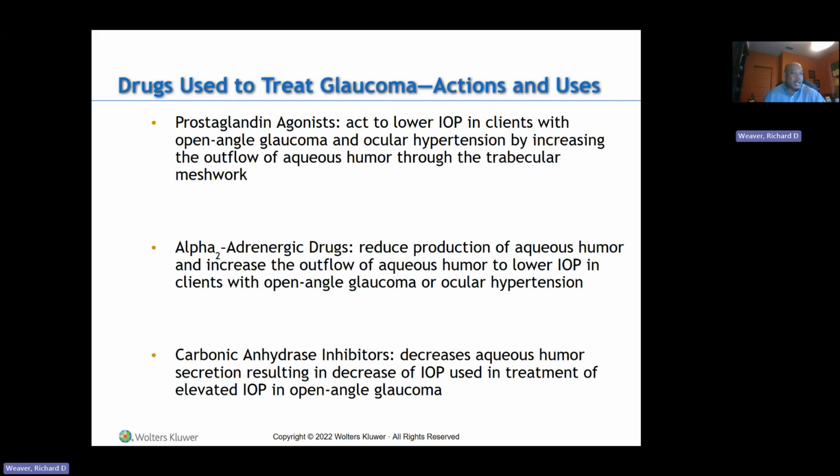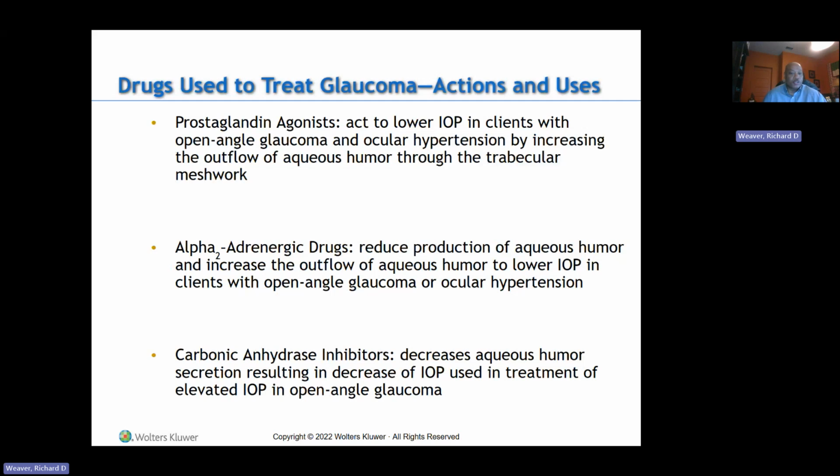And lastly, we have the carbonic anhydrase inhibitors. Carbonic anhydrase is an enzyme that is found in many tissues of the body, including the eye. So inhibition of this enzyme in the eye actually decreases aqueous humor secretion. And of course, this is going to result in a decrease in intraocular pressure.